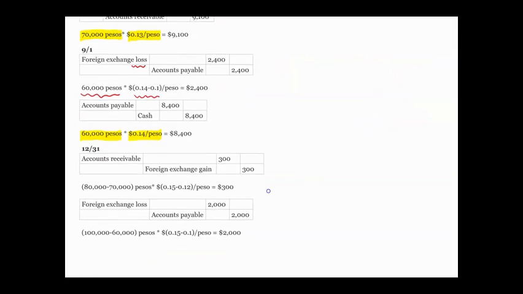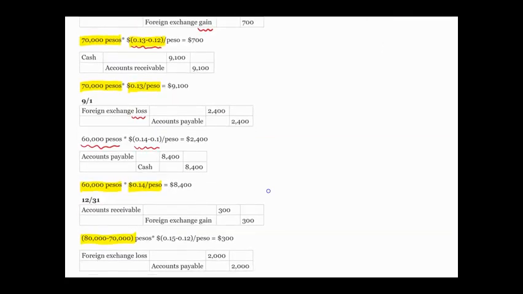So for accounts receivable, right now they still have 80,000 minus 70,000 available to collect. This is the remaining balance on their books; the customer still owes them 10,000. Then we need to figure out what the exchange rate increase was during that period.